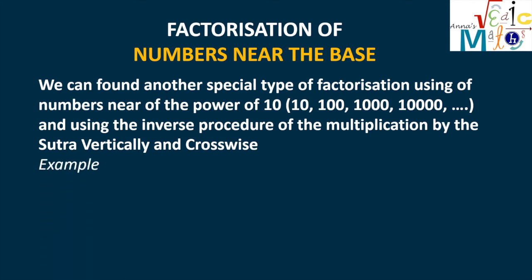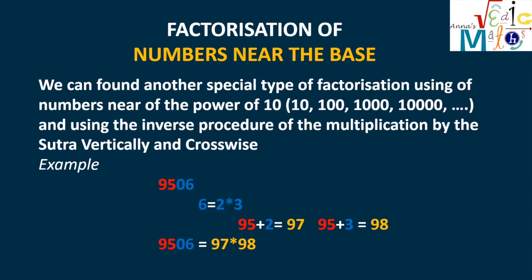We take the previous example, 9506, and 6 is 2 times 3, and so we can factorize using 95 plus 2, that is equal 97, and 95 plus 3, that is equal 98. This is the product: 9506 equal R equal 97 and U equal 98.